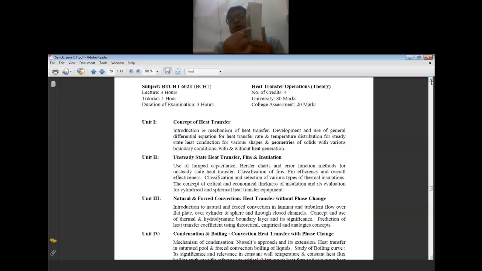So at this point what will be the temperature, at this point what will be the temperature, at this point what will be the temperature. So I should be able to calculate the temperature distribution in this slab.